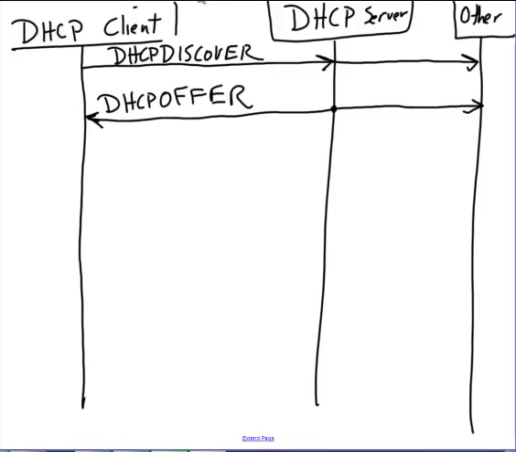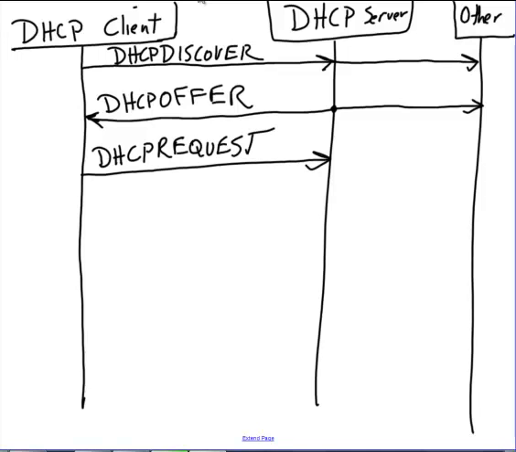Now, the DHCP offer is the server saying, "Hey, I exist. I have some information you could use if you want it." And let's assume that, yes, the client does want it. So it's going to send back a DHCP request. "Yes, I'm interested in your information. Will you assign that IP address to me?"